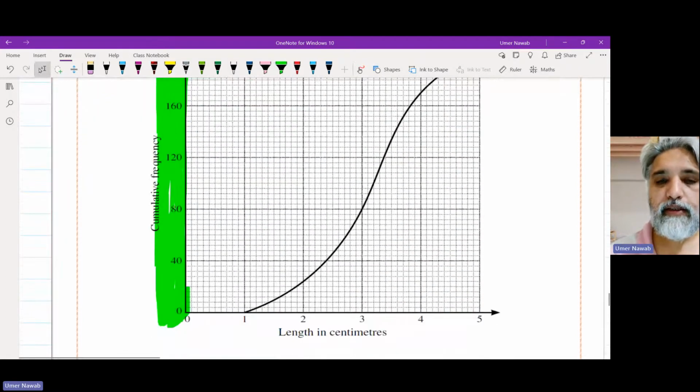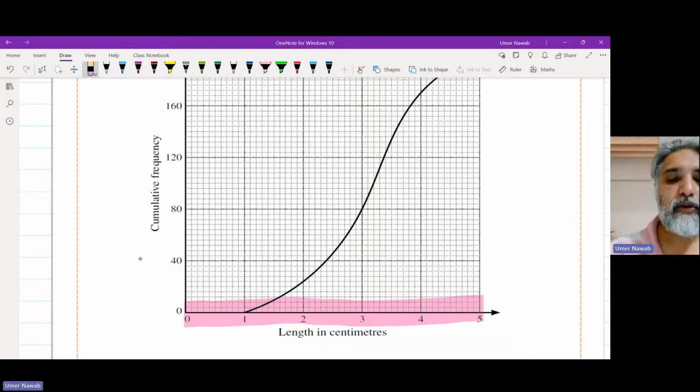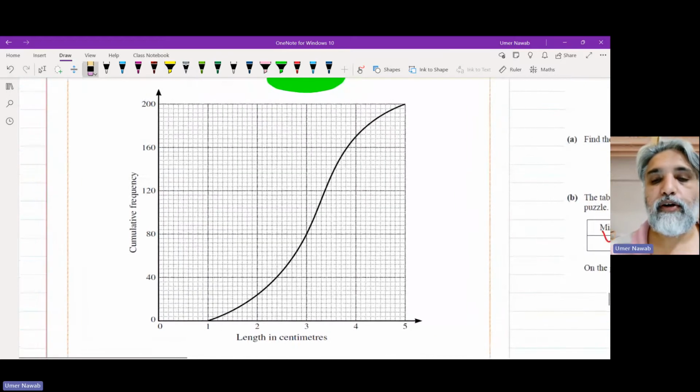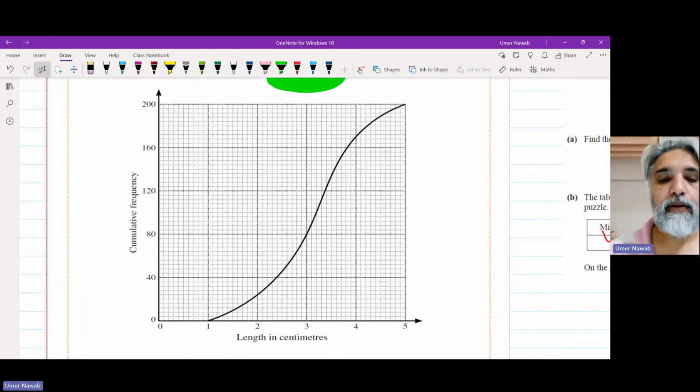At the same time, the lengths of the caterpillars, the scale, is along the horizontal axis. As you see, the cumulative frequency curve, like an S-shaped curve, is already drawn. I can find the median, I can find the lower and upper quartile, or also I can find the percentile.